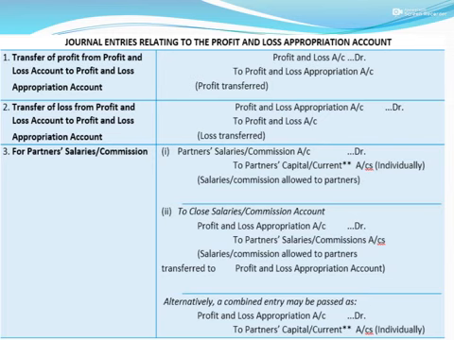Or we can make a combined entry also, that is profit and loss appropriation account debit to partners capital or current account. Here, in the narration only, we are showing for what we have credited the partners capital or current account, maybe a salary, commission or any remuneration.